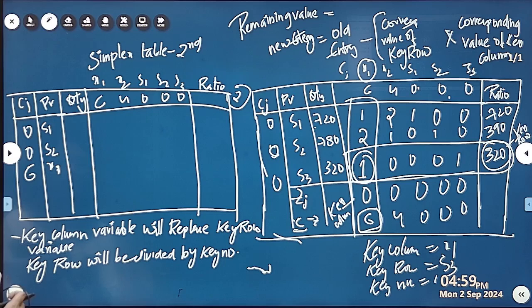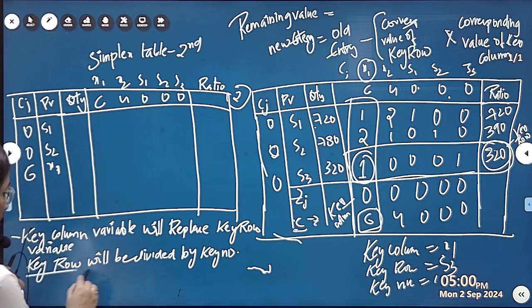Next, what's the value of this x1, s1, s2? What will we do next? I have already written here. The key row, what is the key row here? 1 0 0 1. So it will be divided by the key number. What is the key number in the table? 1.